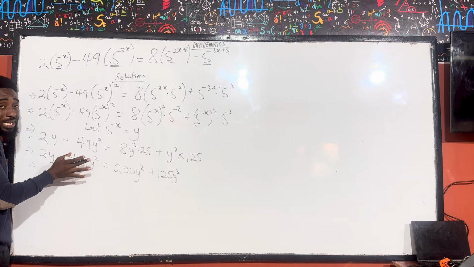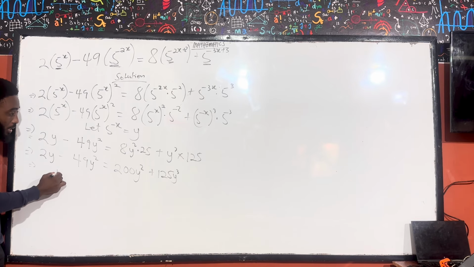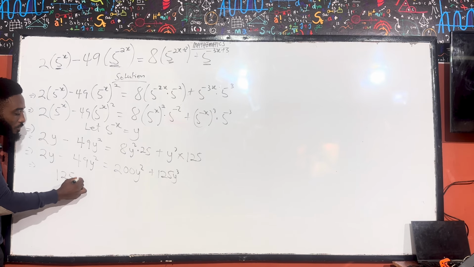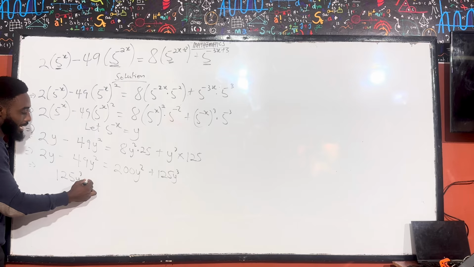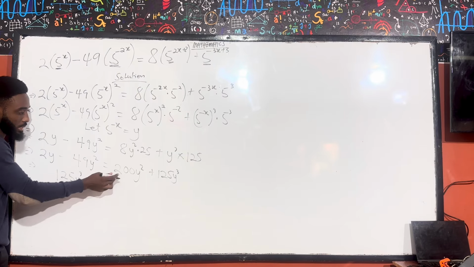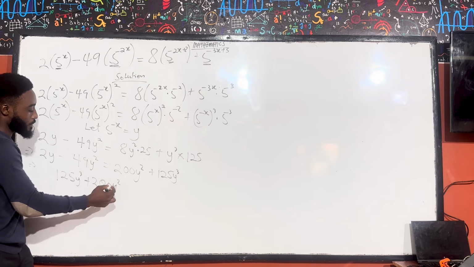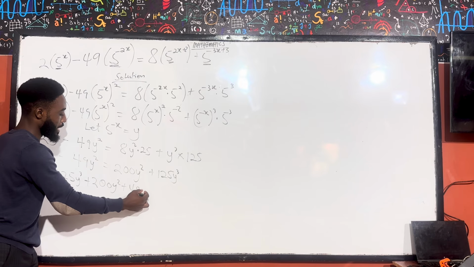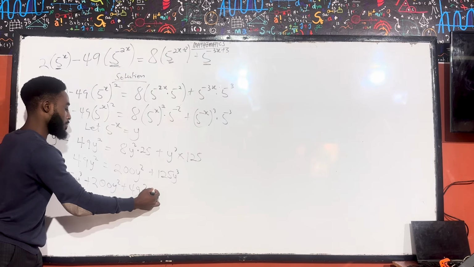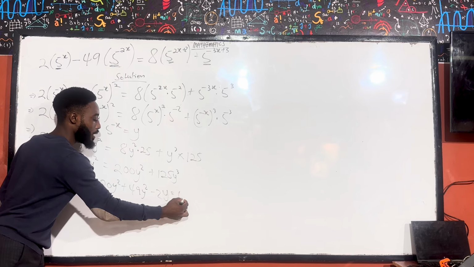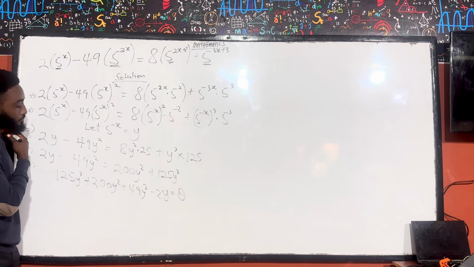Oh, first of all, it will look like a cubic equation first. That will be 125y cubed plus 200y squared plus 49y squared minus 2y equals 0.